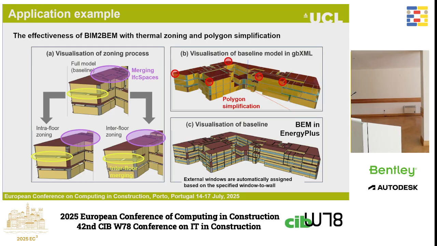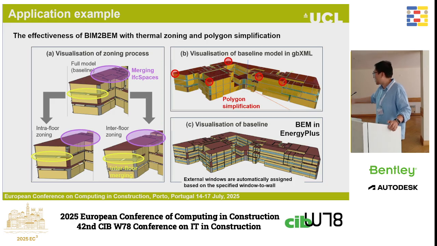So you can see the internal walls and the floor slab. And beyond that, let's go to figure B, the visualization of the baseline full model. It's just used to highlight the polygon simplification for some angles. Yes, it's just to reduce the complexity of the building's geometry. And the last, figure C, shows the visualization of the baseline.